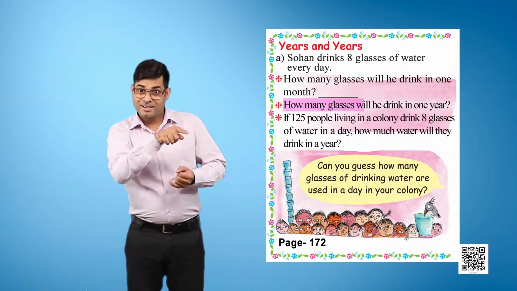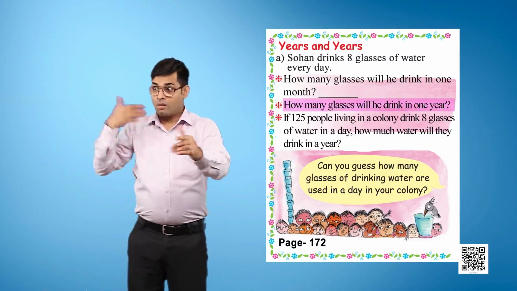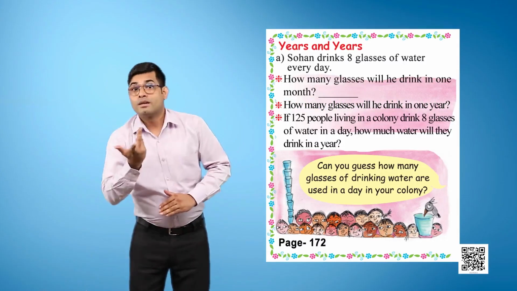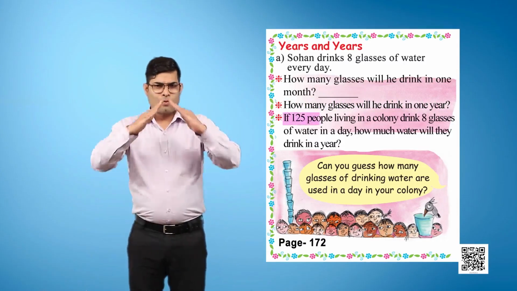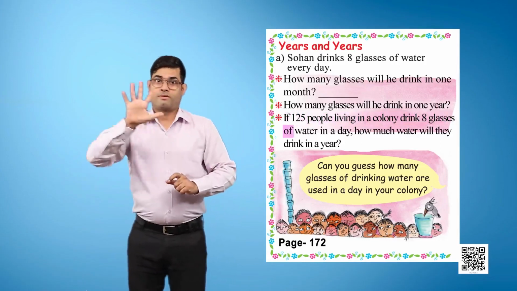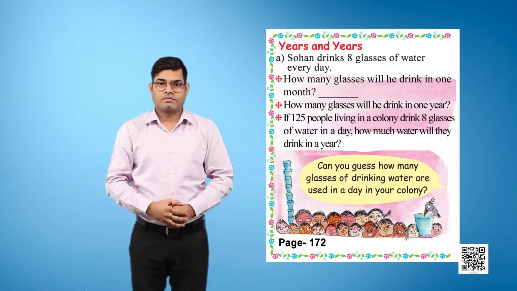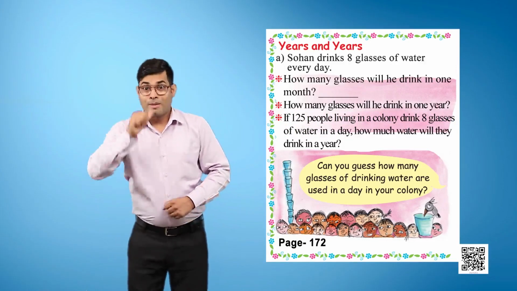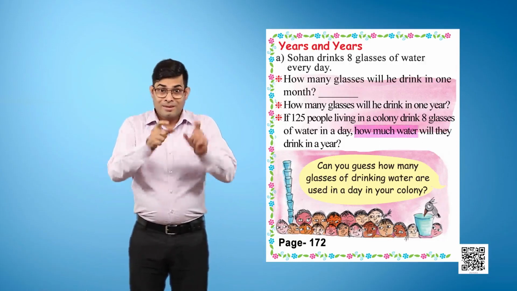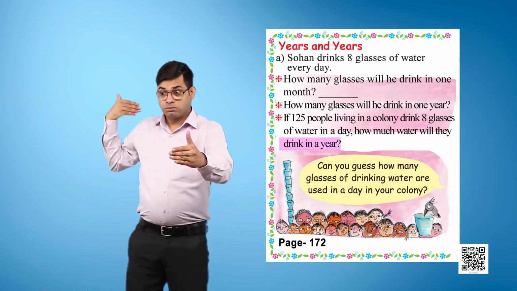How many glasses will he drink in 1 year? If 125 people living in a colony drink 8 glasses of water in a day, how much water will they drink in a year?